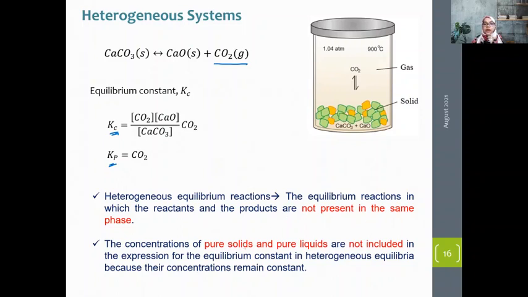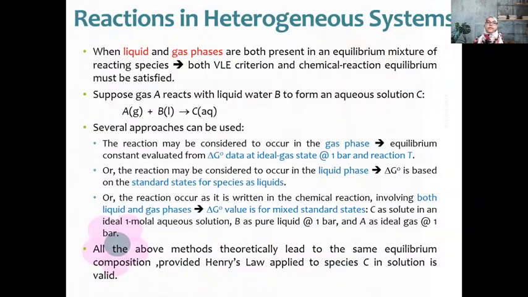Okay, the concentration of the pure solid and pure liquid is not included in the expression of the equilibrium constant, because the concentration remains the same throughout the reaction process.